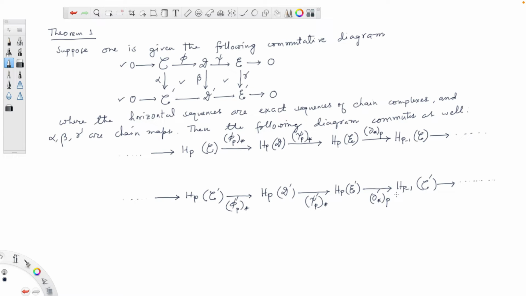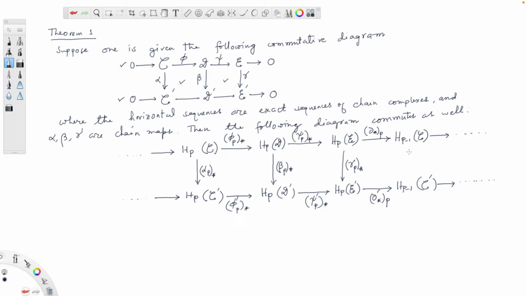Okay, now the induced group homomorphism from HP of C to HP of C prime is denoted by alpha P star, and the group homomorphism from HP of D to HP of D prime is denoted by beta P star. The group homomorphism from HPE to HPE prime is denoted by gamma P star.